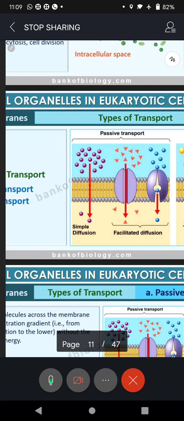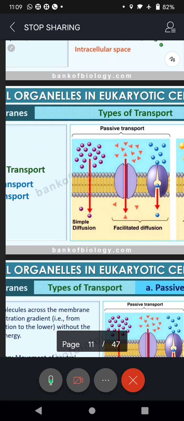Like all of you must be using naphthalene balls, the white scent balls. You keep one or two in your trunk or in your cupboard. After some hours, when you open your cupboard, you have a nice smell. So what is the process involved there? Diffusion, isn't it? Similarly, when you spray body perfume, after some time your body starts giving a nice fragrance.